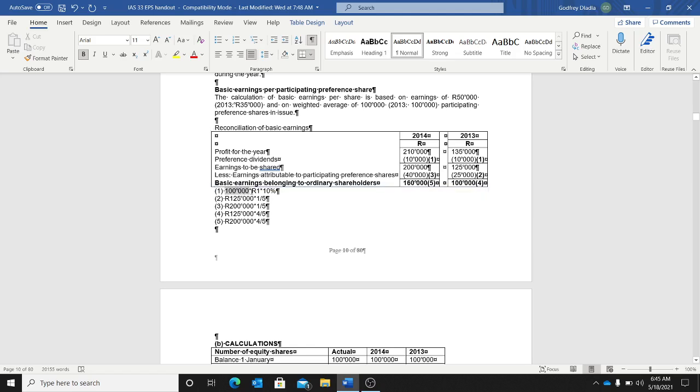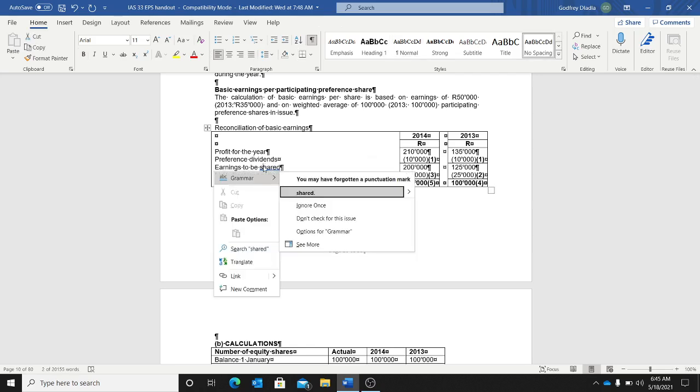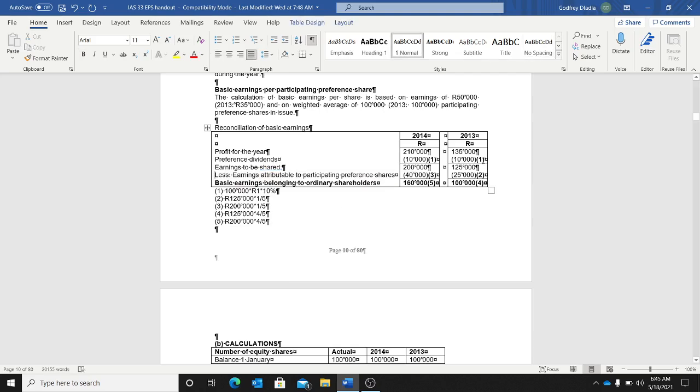They are 100,000 shares at 1 rand. It's very important that you do not get confused. You are not multiplying by the number of shares only. You need to get them into monetary value, meaning money terms. So it's 100,000, the number of shares, times 1 rand times 10%. That's the 10% that you see here, the 10,000.